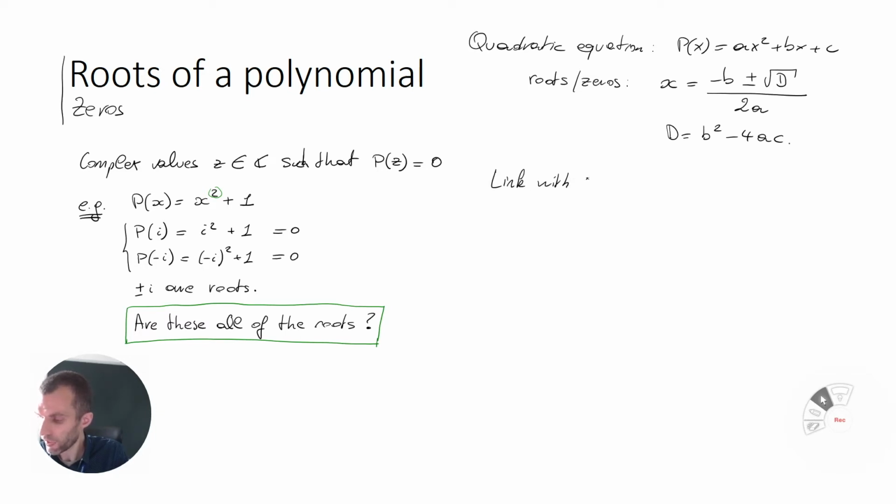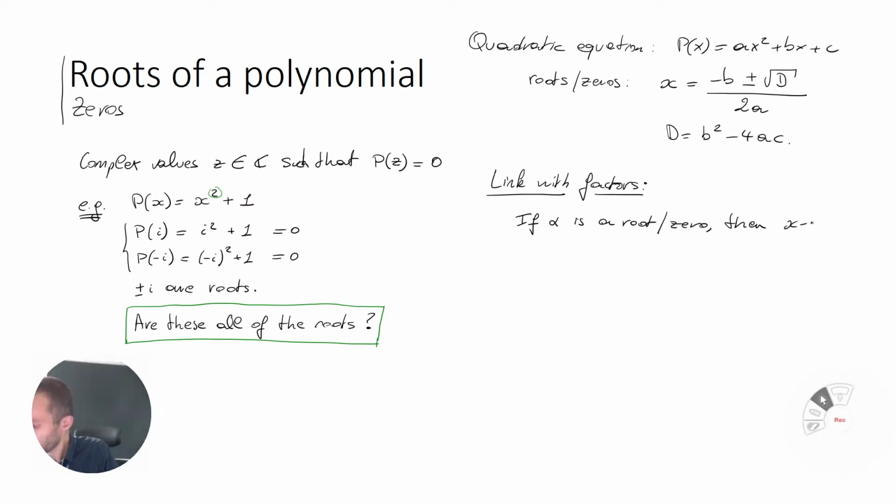There's also a link with factors of a polynomial that I want to point out. So if alpha is a root or a 0, then x minus alpha is a factor.